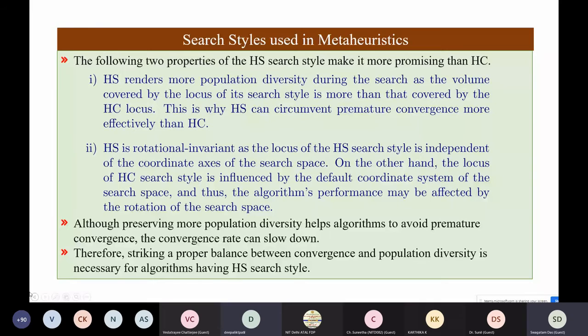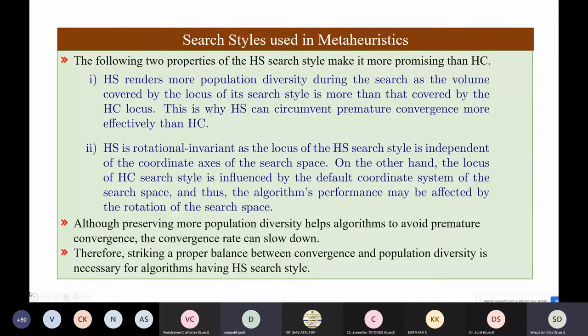If your coordinate system rotates, and that affects the distribution of the new solutions created by your evolutionary algorithm, then the problem is, if your function is a rotated function, if it has strong epistasis or linkage among its decision variables, then your algorithm will be a very poor choice for optimizing those sort of functions. That is why rotational invariance is very important.